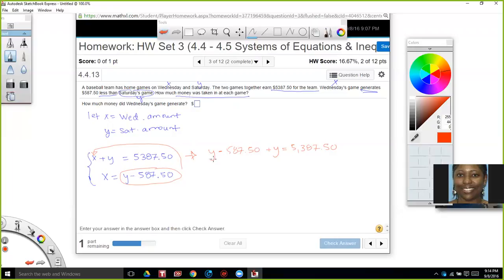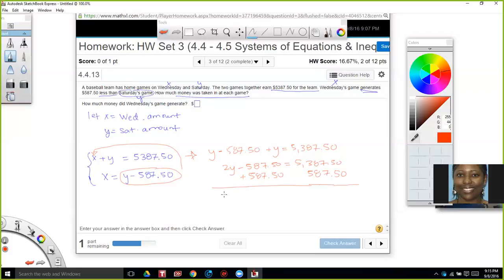y plus y, what does that give you? Good, that gives you 2y. And then bring down the minus 587.50 is equal to 5,387.50. And now you solve for y. Add 587.50 to both sides.